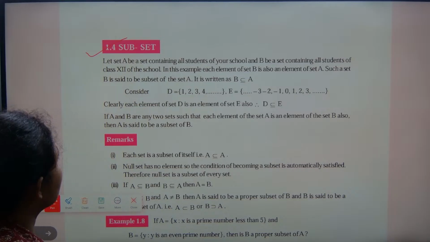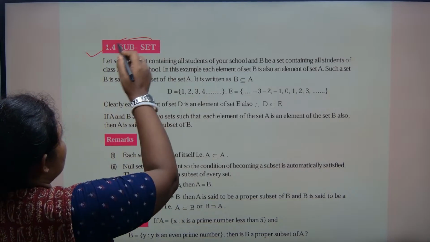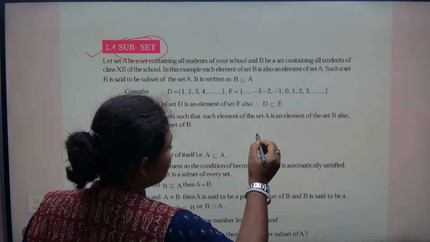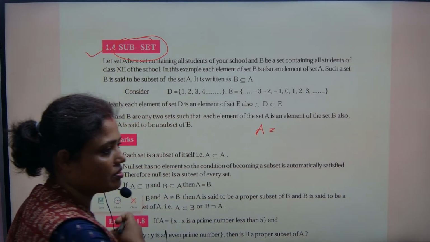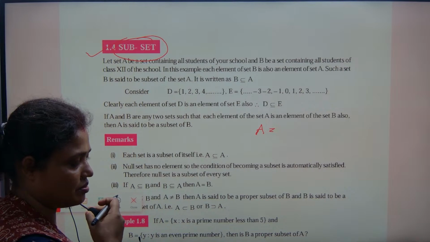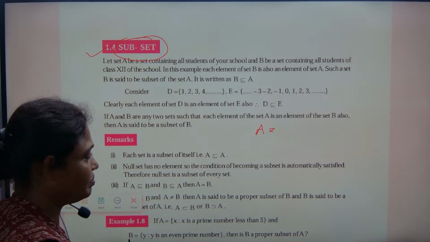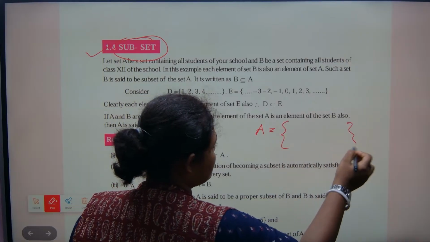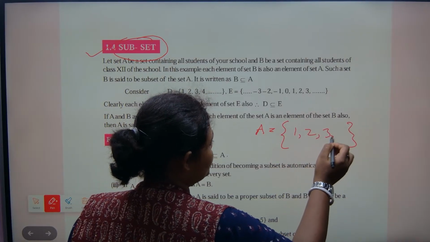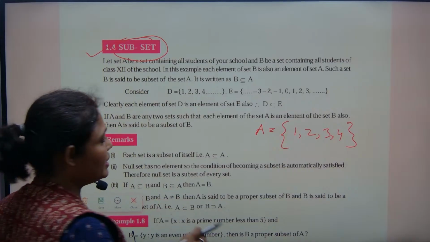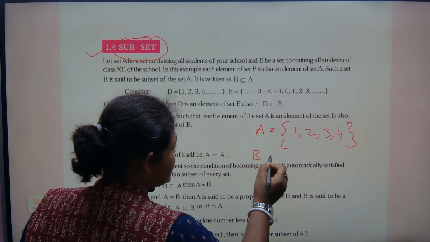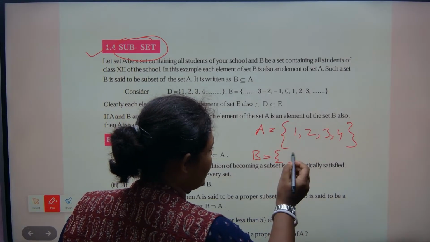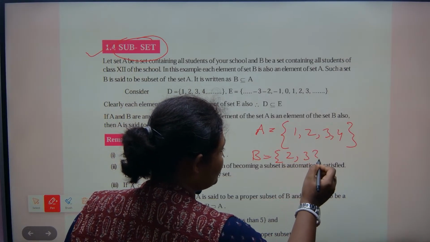Subset of a set. Now what is subset? Subset is a set. If we consider a set A, see 1 2 3 4, it's a set. Okay, if we consider another set B with fewer elements than A, just 2 and 3.